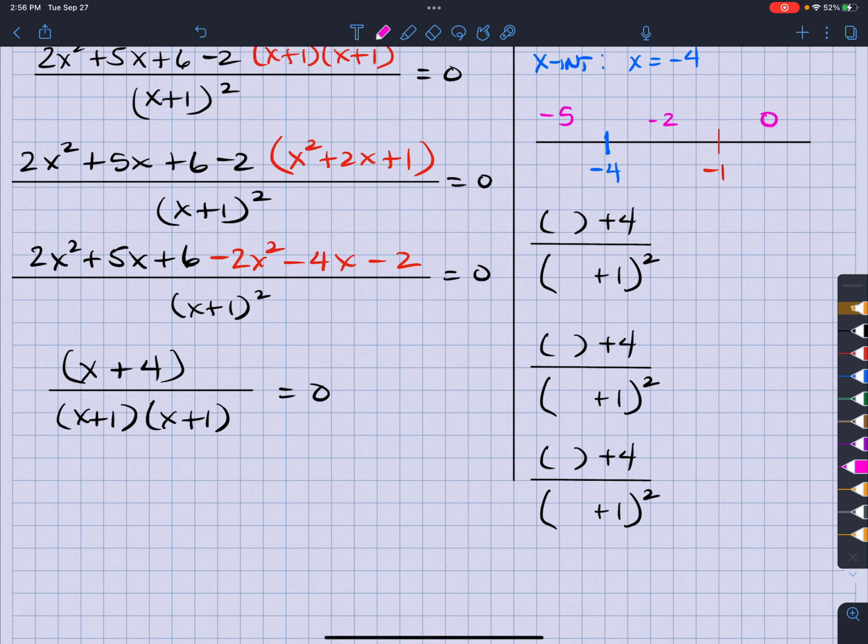So I said -5. So the bottom is going to be whatever, if it's positive or negative, it's squared. So bottom is positive no matter how I look at it, right? So this is going to be positive on the bottom. No matter what they are, it's going to be positive on the bottom.